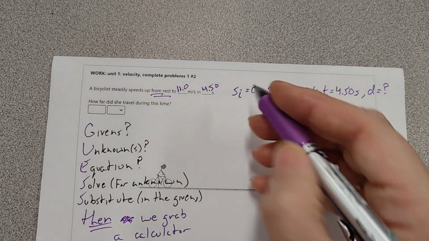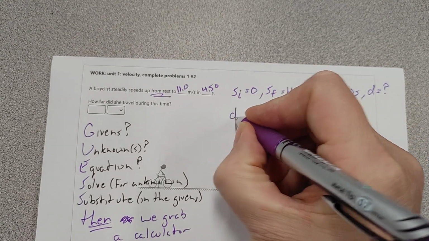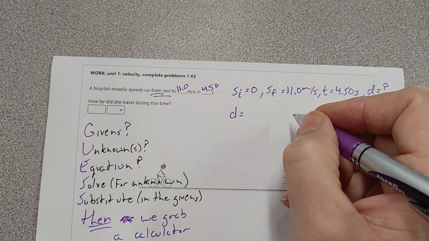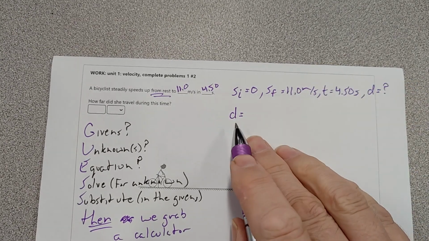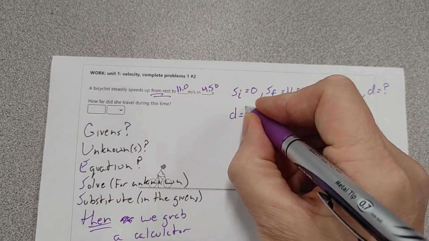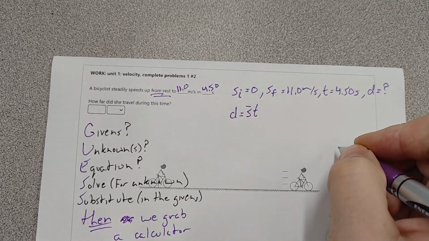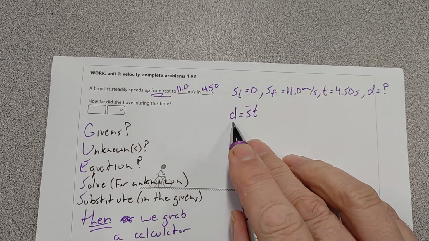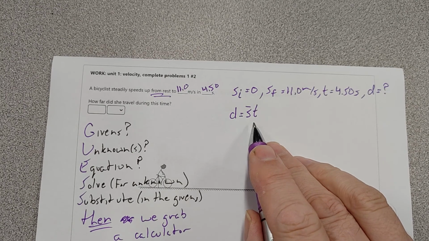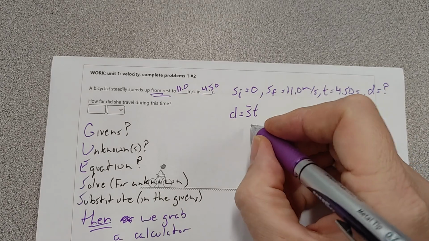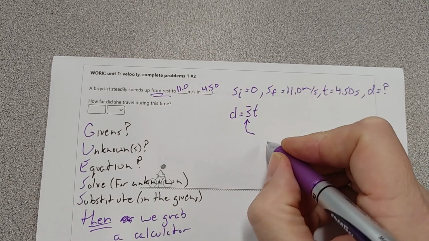Now D, I've only got one formula for D at the moment in Positive Physics. We did introduce a new one in the Hewitt-Drewit. The distance is equal to my average speed multiplied by my time. Now, this is already solved for the distance, so I don't need to rearrange it. Problem is, I need an average speed.